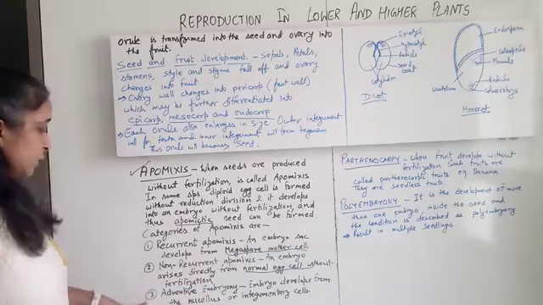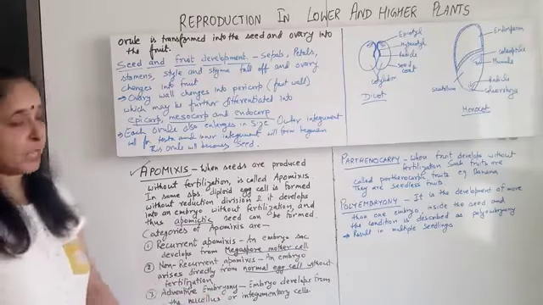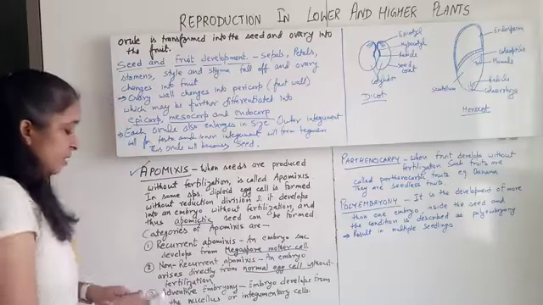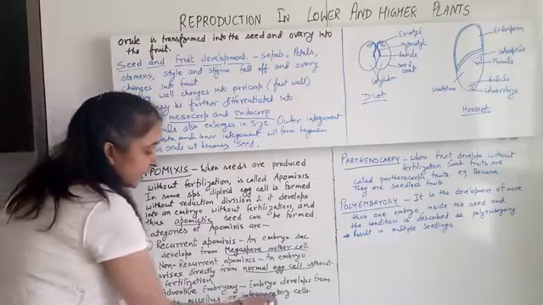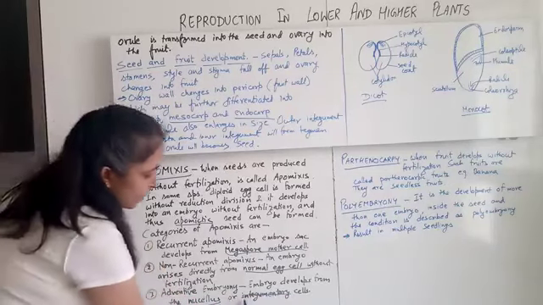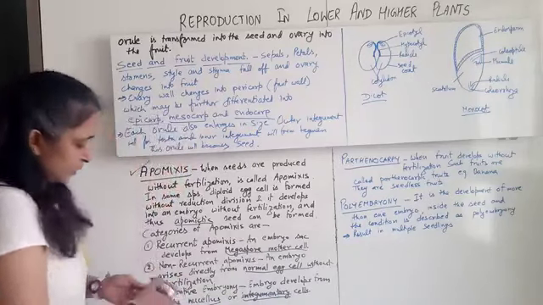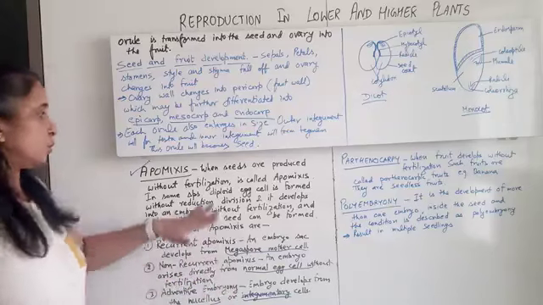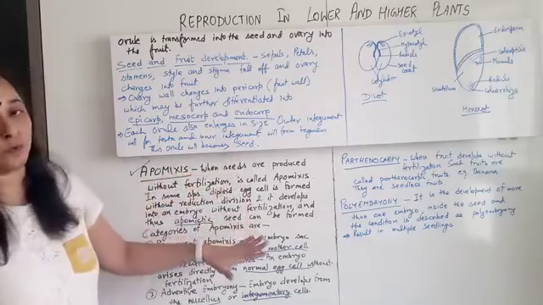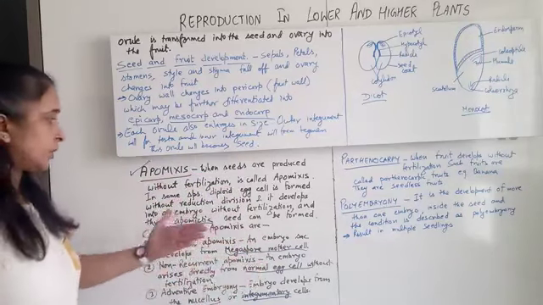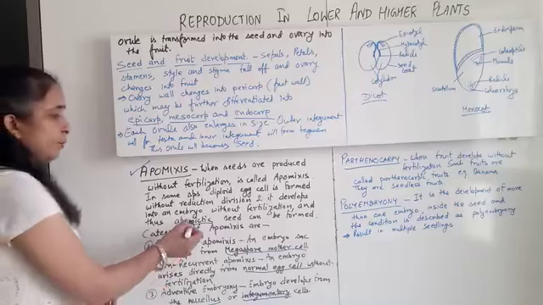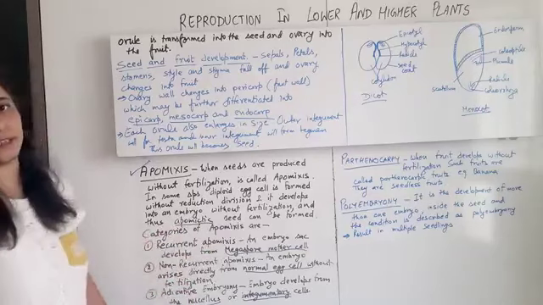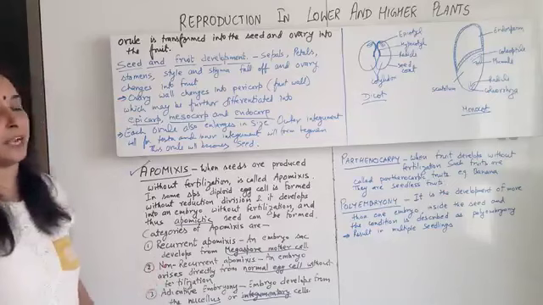And the last one is adventive embryony, when the embryo develops from the nucellus or the integumentary cells. Then it is called adventive embryony. So these are the seeds produced without fertilization, called apomictic seeds, and there are three categories: recurrent, non-recurrent and adventive.